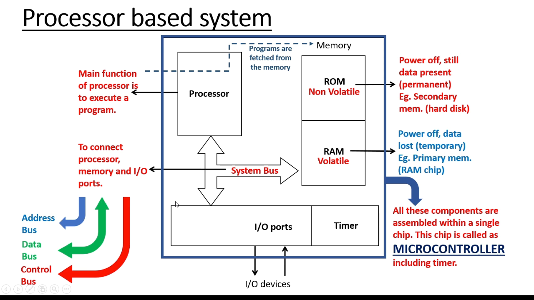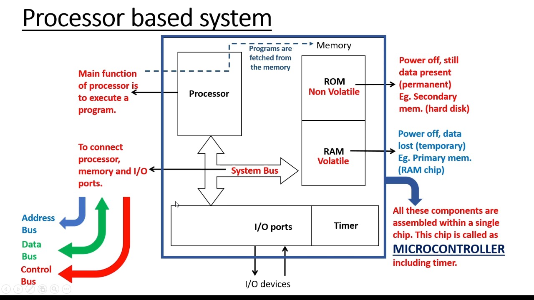But in a microprocessor based system, all those components are separate individual components which are interfaced with the microprocessor. Suppose you require IO devices, there is a separate chip, the 8255 programmable peripheral interface, which is to be interfaced with the microprocessor. If you require a timer, there is the 8253 programmable interval timer, PIT. That's a smart IC which has to be interfaced with the microprocessor.